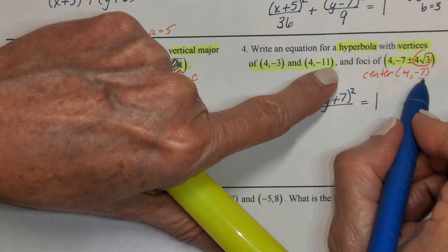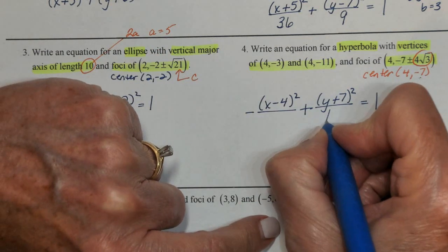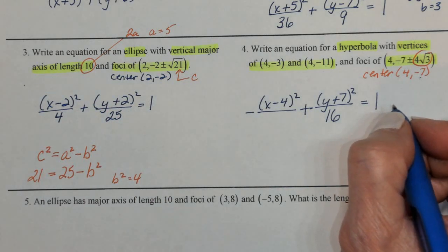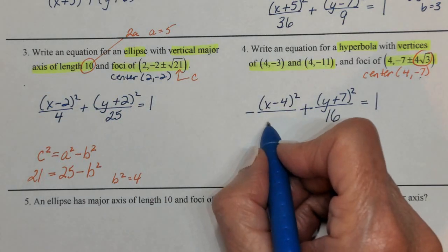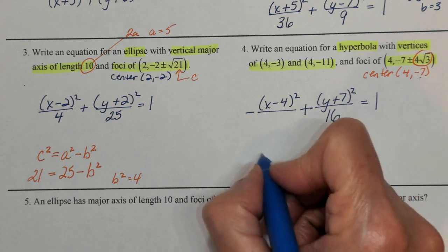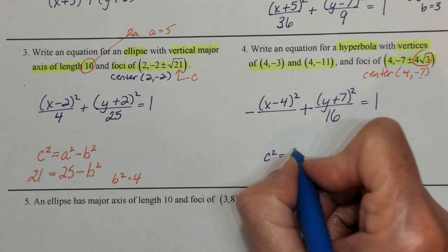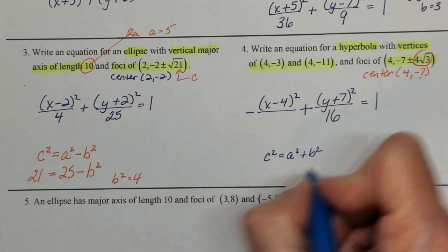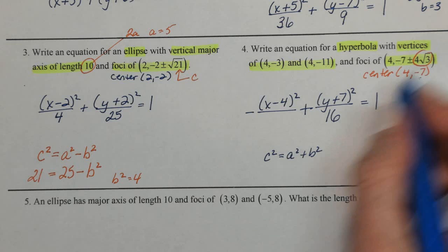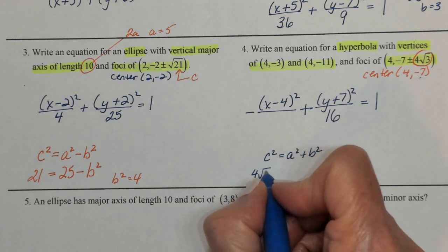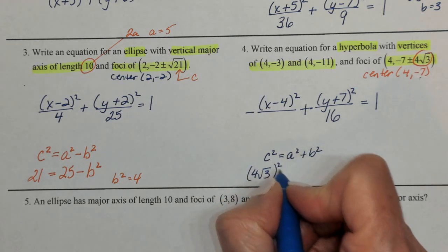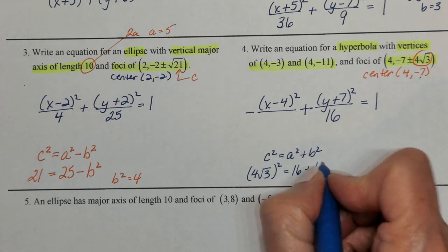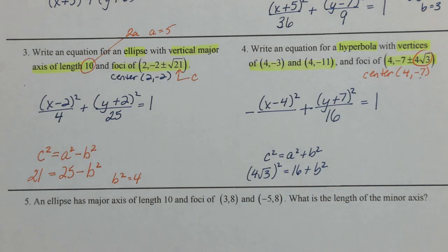So underneath the y's, I'm going to have 16. To get what goes underneath the x's, I need little b. C squared for a hyperbola is a squared plus b squared. So c is 4 square root of 3, so I need to square that, and that will be 16 plus b squared. Right?